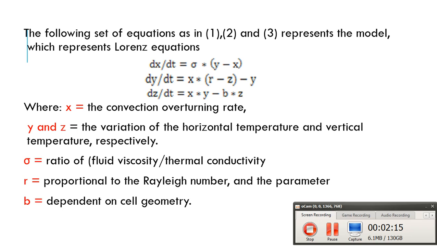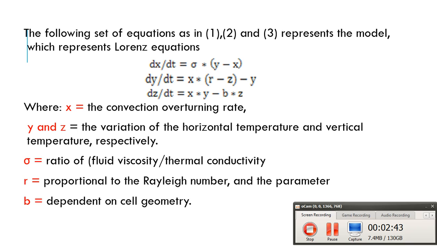This equation, as shown in this slide, from equations 1 to 3, represents the Lorenz equations. The x value is called the convection overturning rate. Y and z are the variations of the horizontal temperature and vertical temperature.